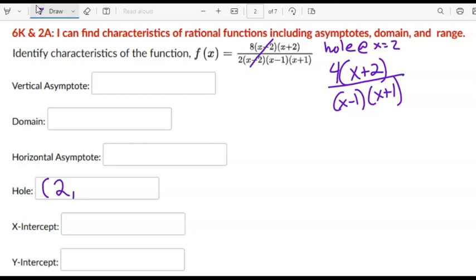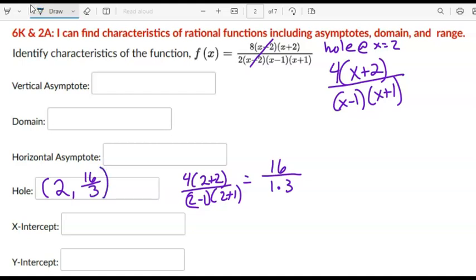To get the y coordinate, you're going to plug that into the simplified expression. So 4 parentheses 2 plus 2 all over 2 minus 1 times 2 plus 1. That's going to be 4 times 4, that's 16, and then 1 times 3. So our hole is at 2 comma 16 over 3.